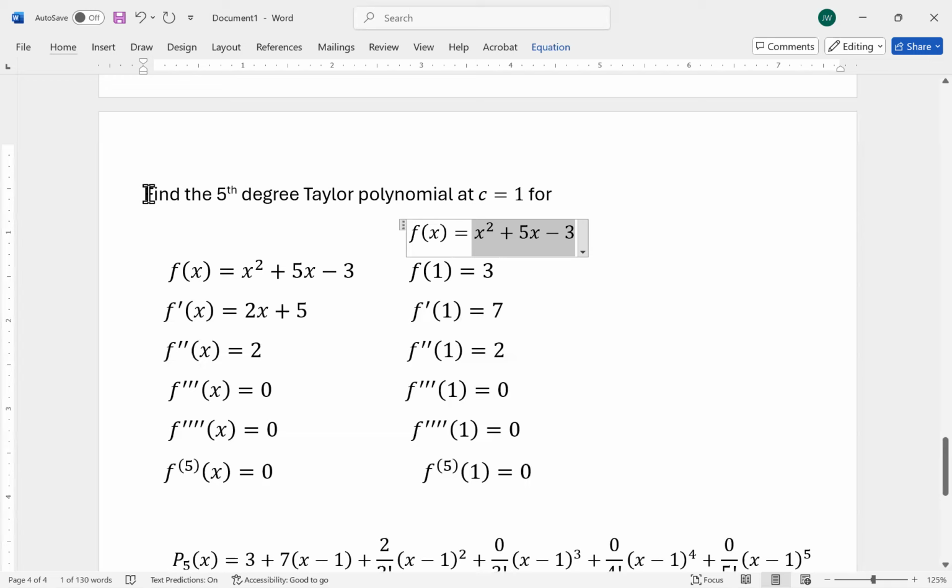We're asking what is the best polynomial of degree 5 or less that approximates this polynomial? Well, it's going to be the quadratic polynomial itself.